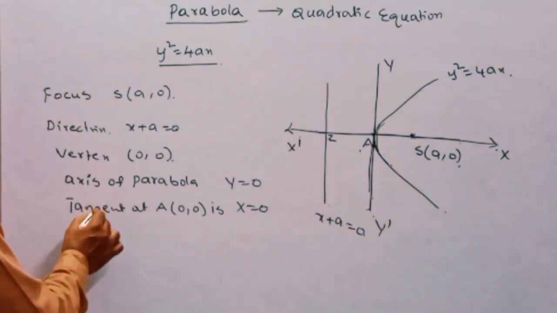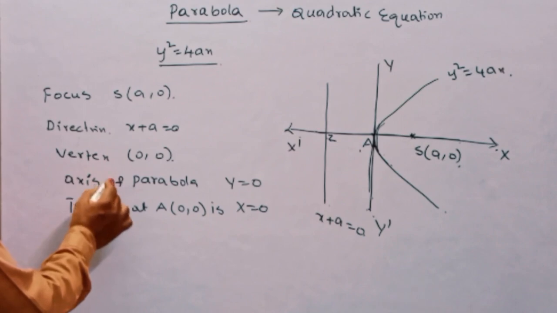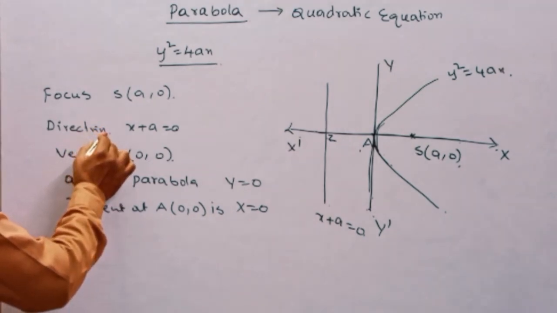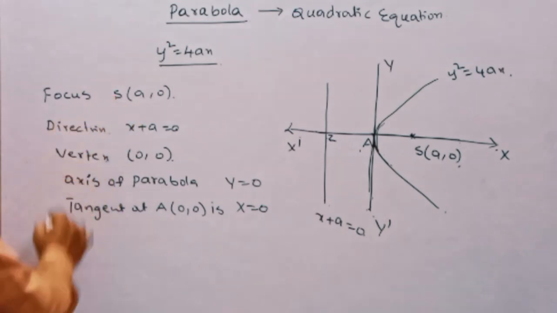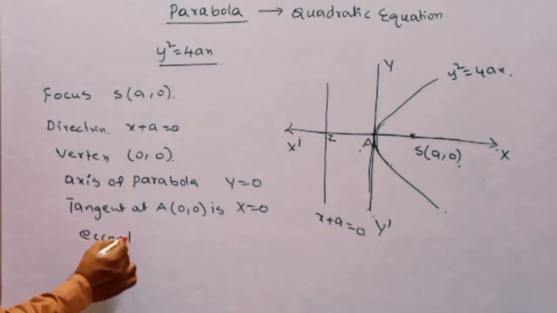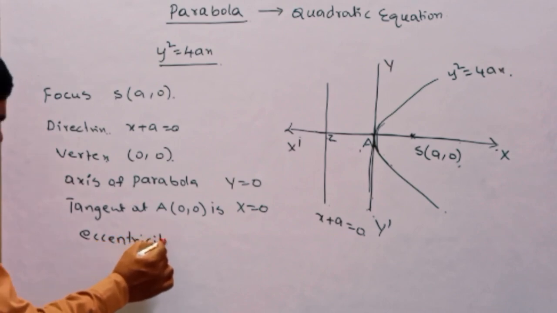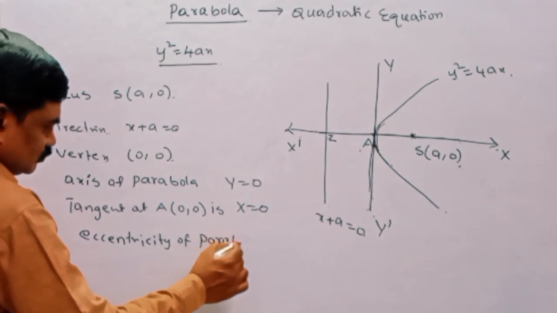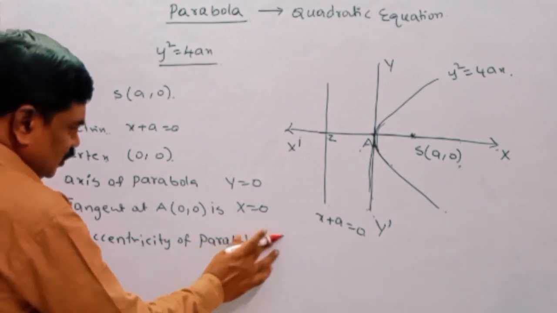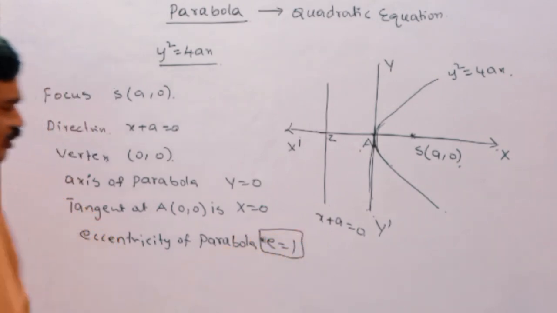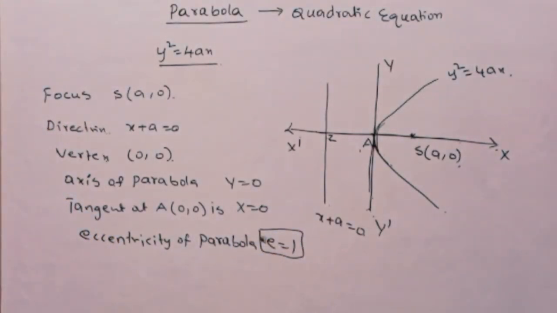This is the tangent, axis, vertex, directrix and focus of the parabola. Eccentricity e is equal to 1 for the parabola.